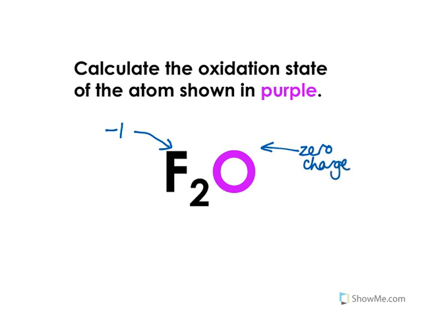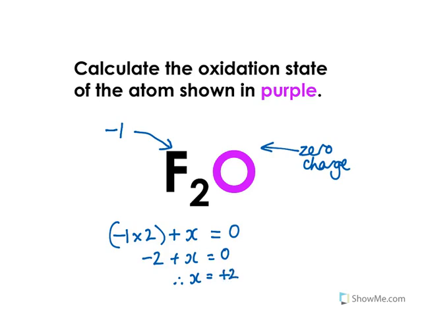And so we can work out as follows that the oxidation state of oxygen added to 2 lots of the fluorine must be 0. So -1 times 2 for the fluorines plus x for the oxygen equals 0. So -2 plus x is 0. Therefore, x must be equal to +2.